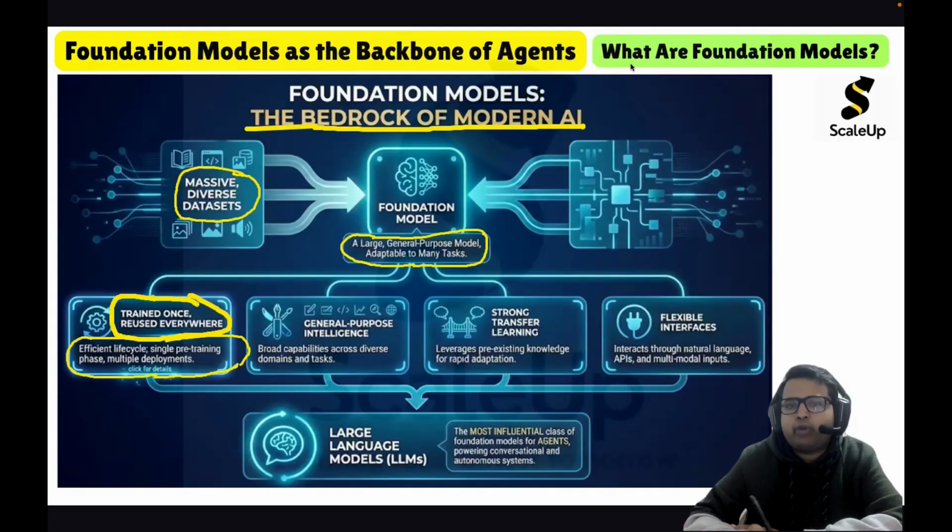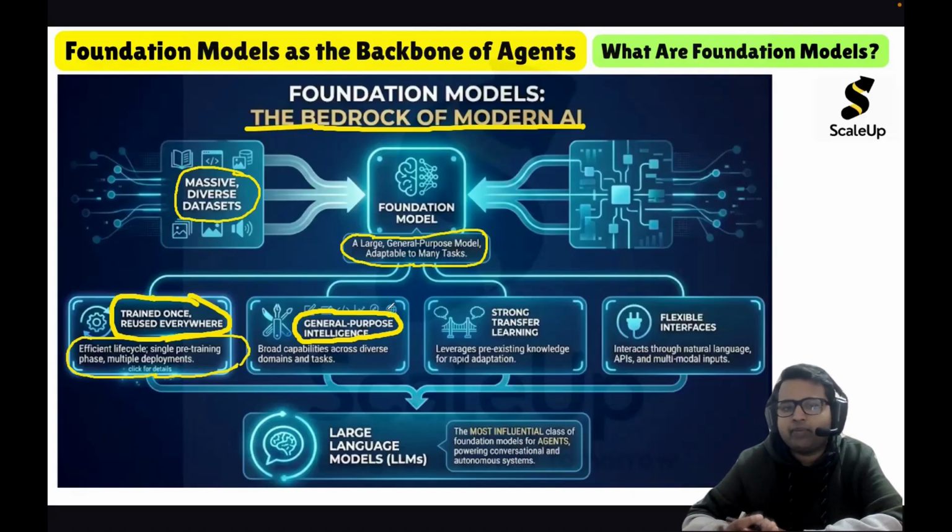The next very important characteristic of foundation models is general purpose intelligence. It is a very powerful characteristic. Before foundation models, we used machine learning and deep learning models, which were highly specialized.